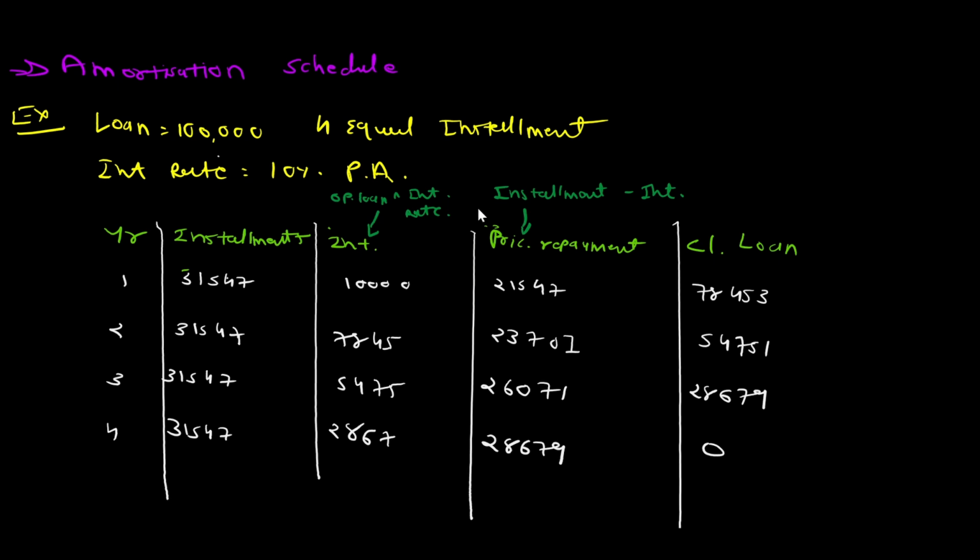Principal repayment is installment minus interest, and closing will be opening loan minus principal repayment. Closing is 78,453. Then the opening loan 78,453 into 10% gives 7,845, and installment minus this is equal to principal repayment and closing.